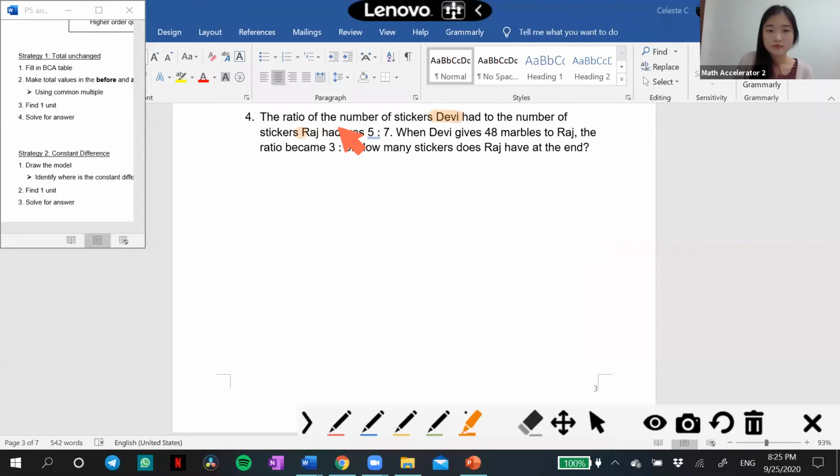Okay. Fill in the BCA table. 2 people, Devi and Raj. Before, change, after.